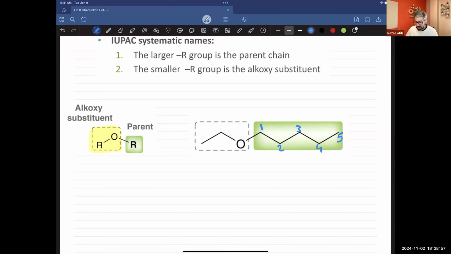This one is pentane. On the left side, I have two carbons, 1, 2, so this one will be ethoxy. Ethoxy is attached to pentane, so it will be ethoxy pentane. And that's going to be the right name for it.